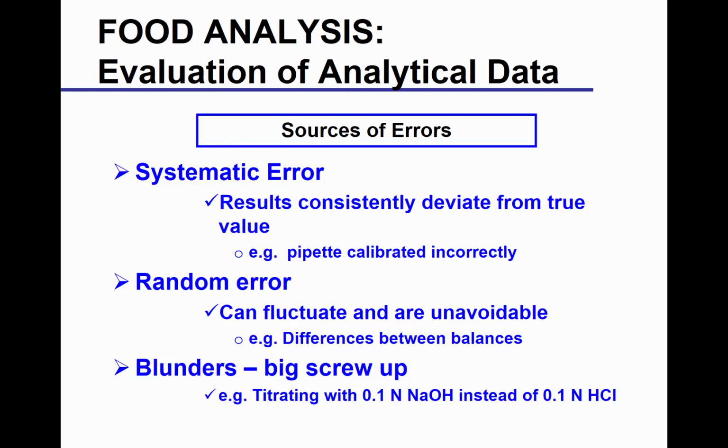Instead of titrating with NaOH, you're titrating with HCl. Or in one of the labs, we make it even harder, where we're titrating with a reagent that is 0.1 normal, and we have another reagent that is 0.01 normal for another assay, and instead of picking the 0.1, you pick the 0.01, and you're titrating and titrating, and you have to fill the burette 5 times, and you still don't get a change in color. So yeah, these are blunders.